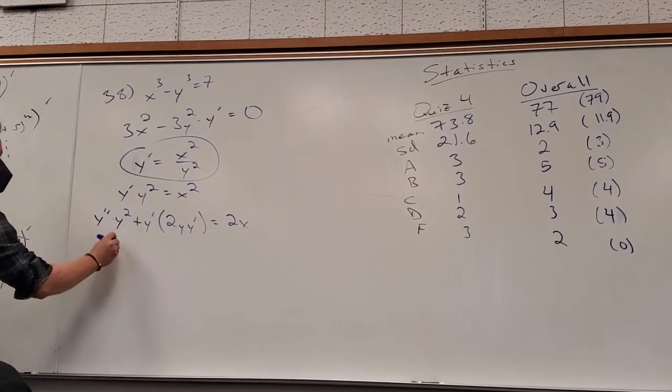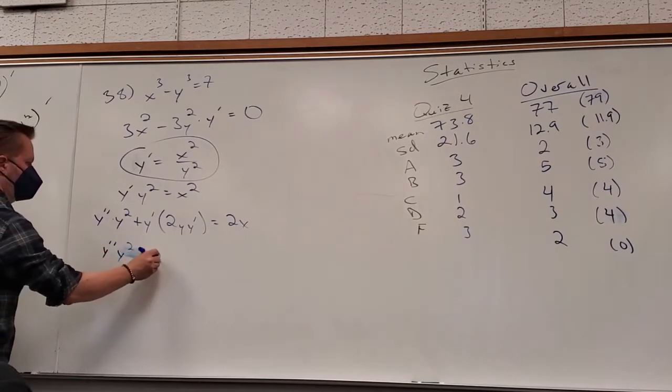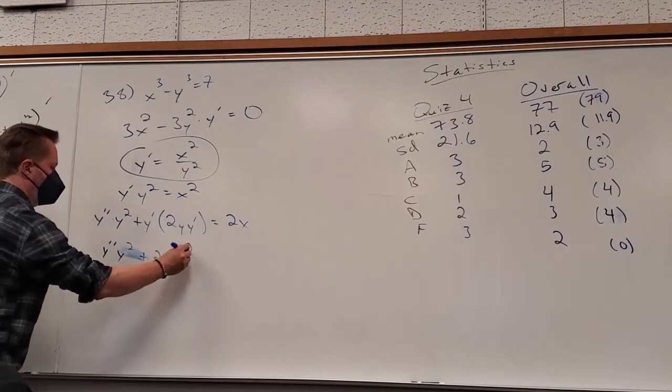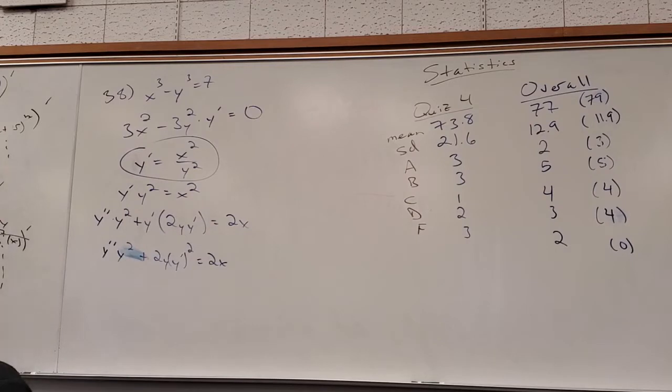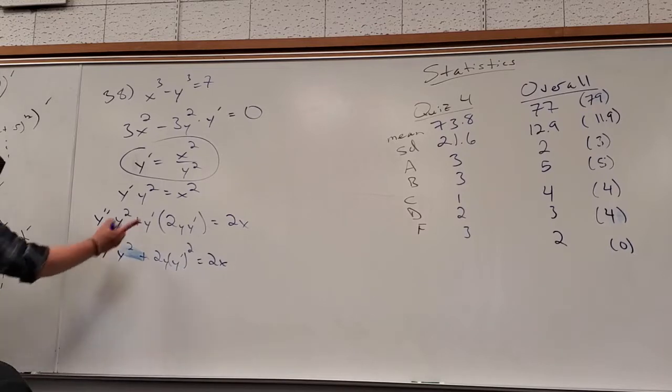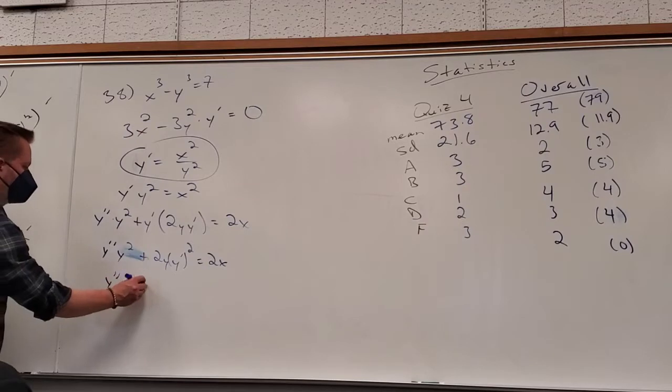So let me clean this up. Y double prime y squared plus 2y y prime squared equals 2x. Is that cool? That's weird, but oh well. So right now, if I wanted to, let me go ahead and do this.